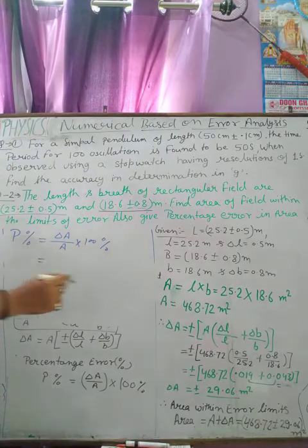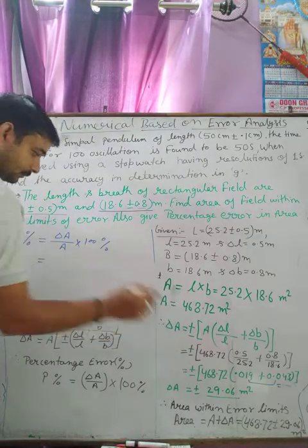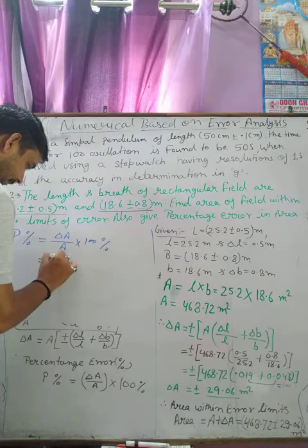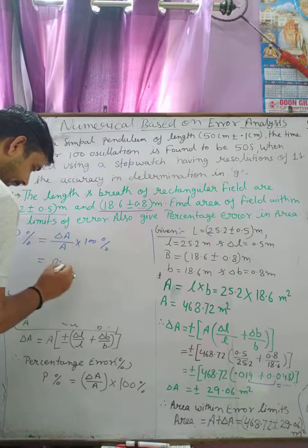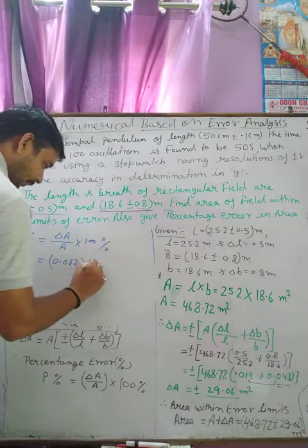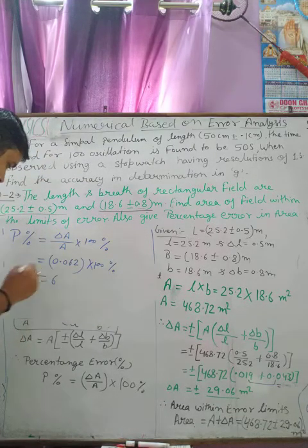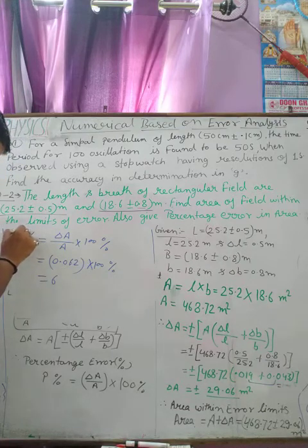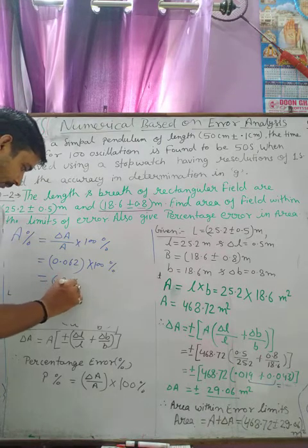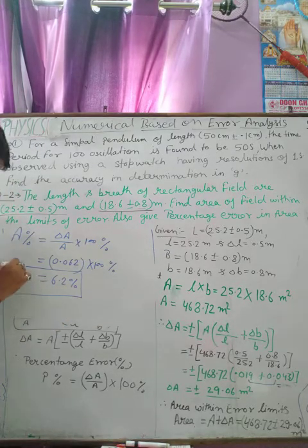Now student, we have this result is 0.062 and into we have 100%. So we get 6.2%. This is the percentage error in the area.